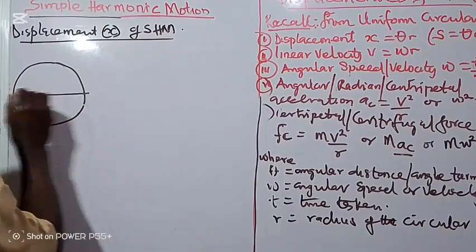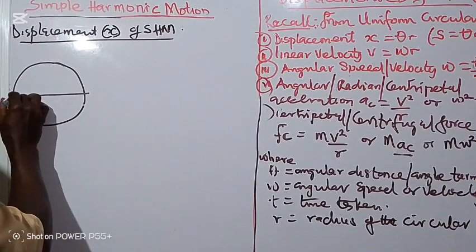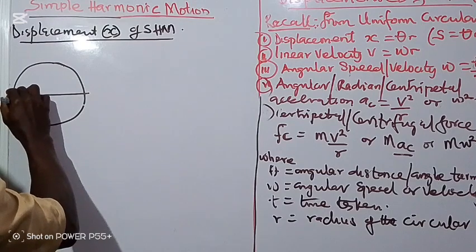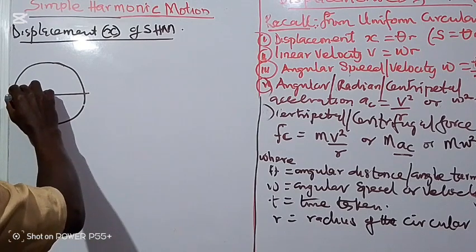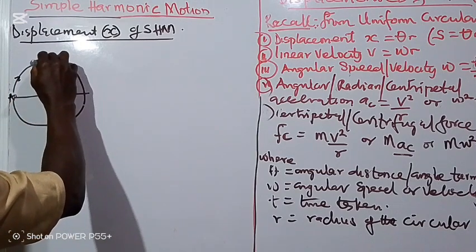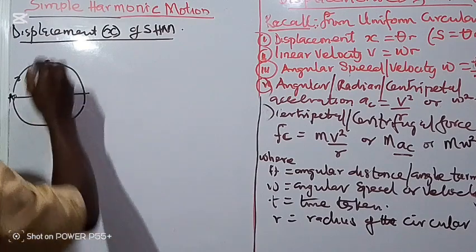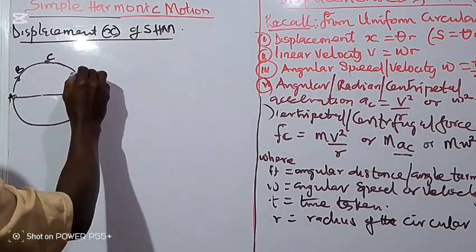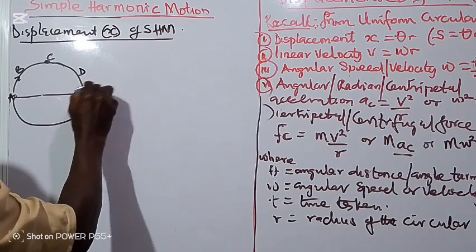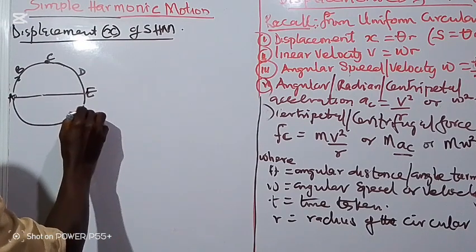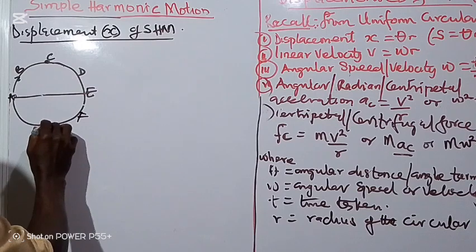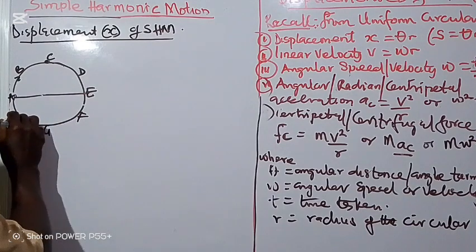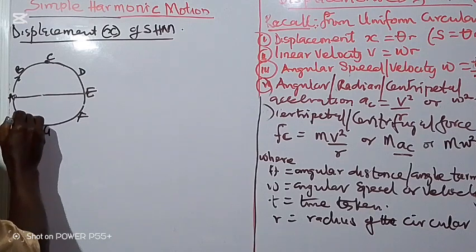The object starts from this point, let's call it A, and moves in a circular path. This is the highest point. Let's call these A, B, C, D, E, F, G, and back to the equilibrium position.